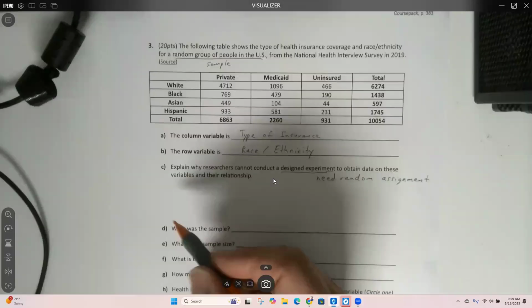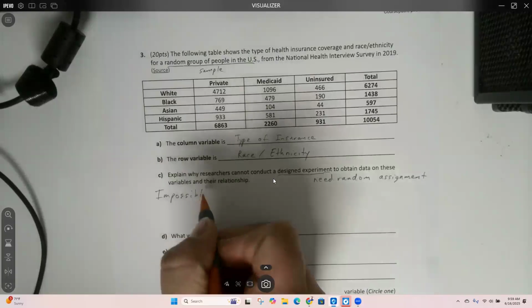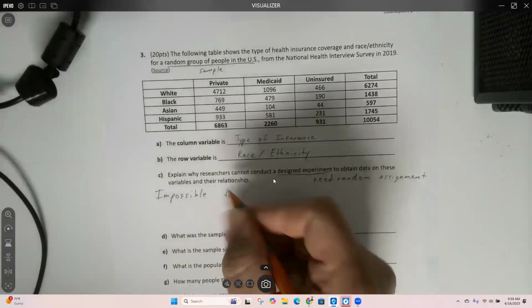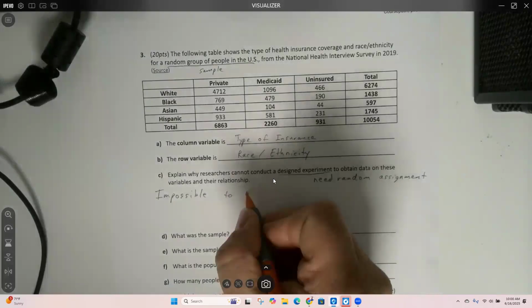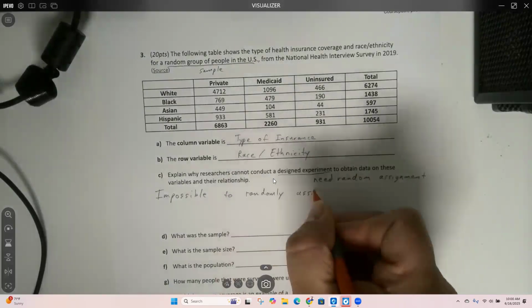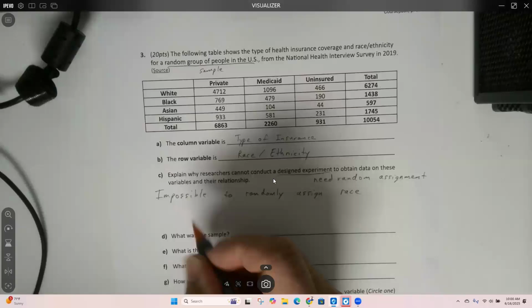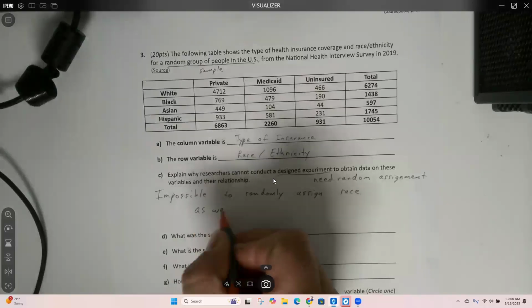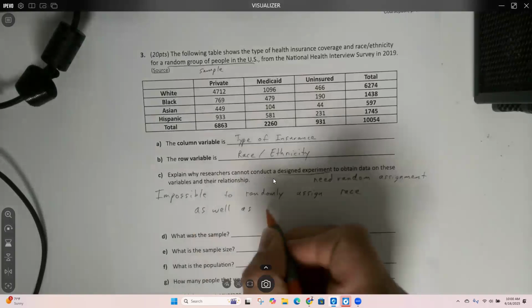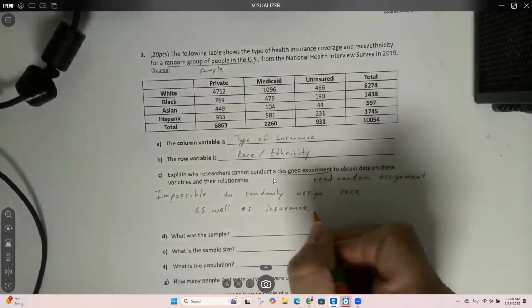So it's impossible to randomly assign race as well as insurance. Yeah, you can't do that.